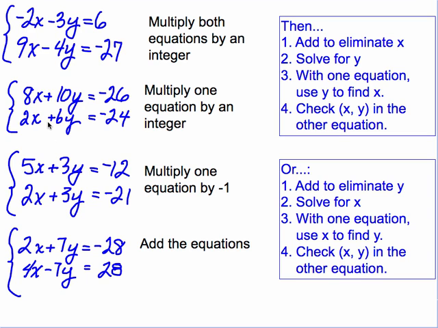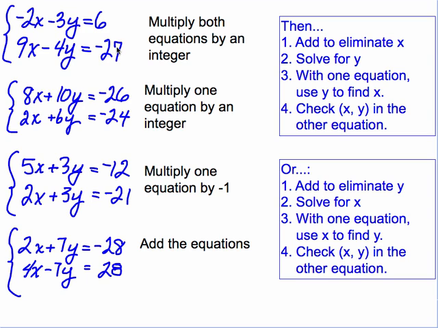In the third system, we multiplied the second equation by negative 4 so that the coefficients of x would be 8 and negative 8. And then we added to eliminate x. And then finally, in the top system, we needed to multiply the top equation by negative 4 and the bottom equation by 3 in order to get the coefficients of y to be opposites.